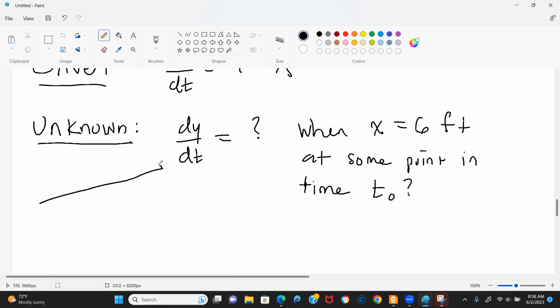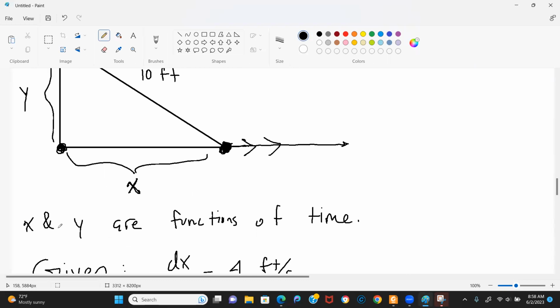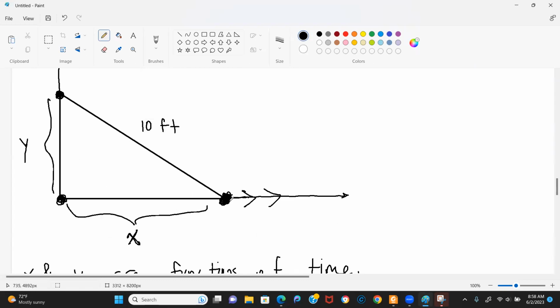Now, here is something we should expect. As this point is sliding along, this distance right here from the top point to the origin is shrinking. It's getting smaller, right? This point right here, maybe it will end up here. So this distance from here to here is shrinking. This number y should be shrinking.